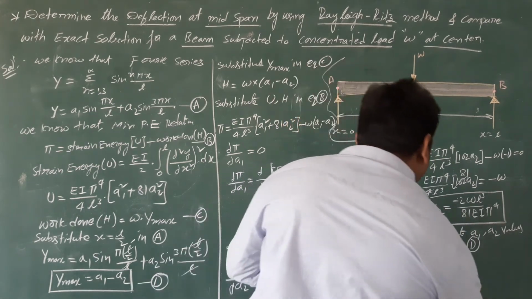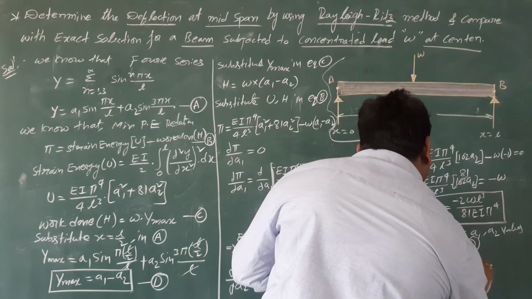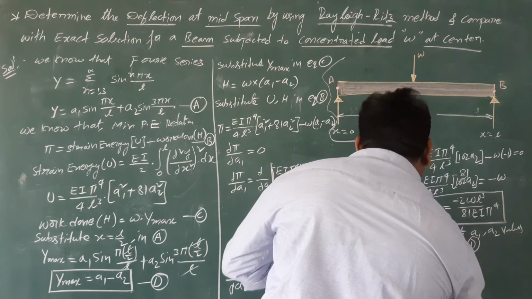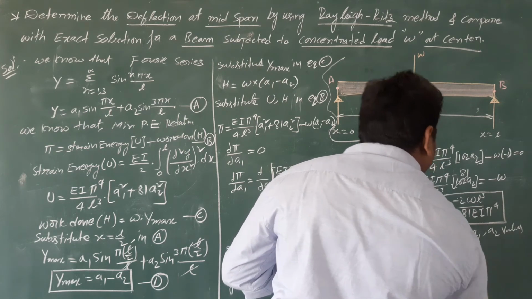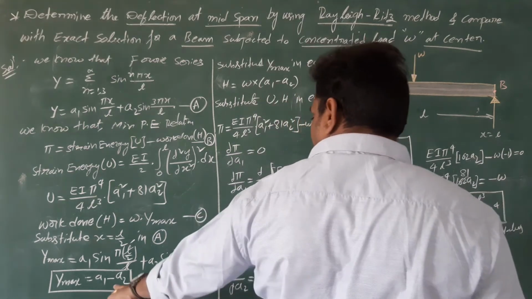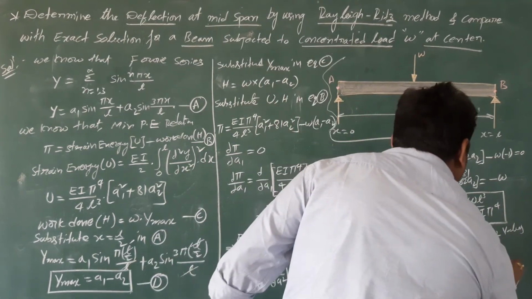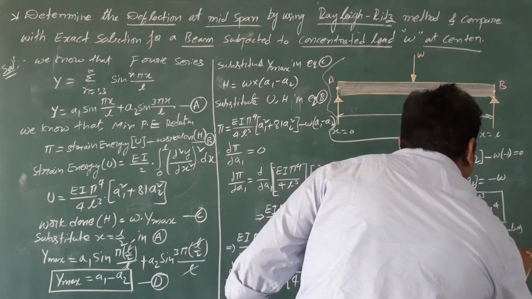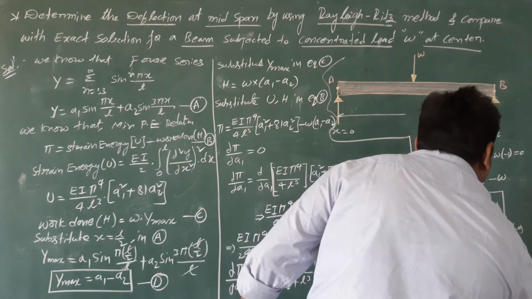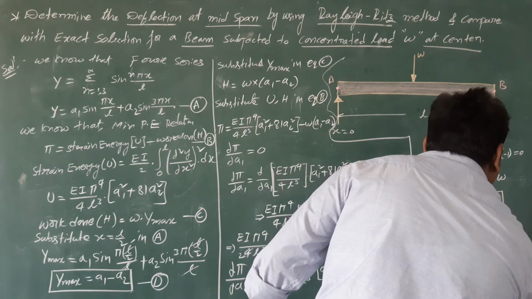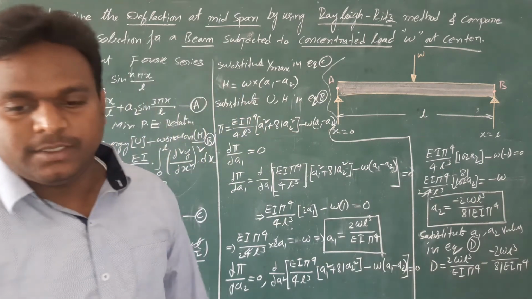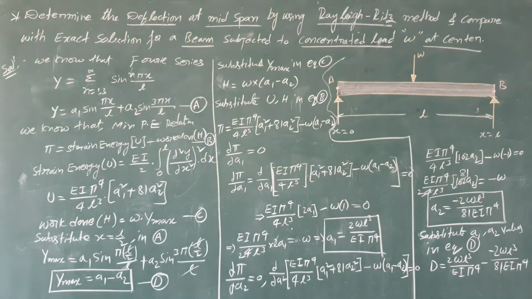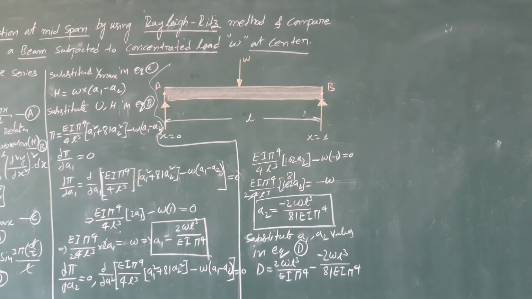a1 means 2WL cube divided by EI pi power 4, next minus into minus of 2WL cube divided by 81 EI pi power 4. So minus into minus is plus.